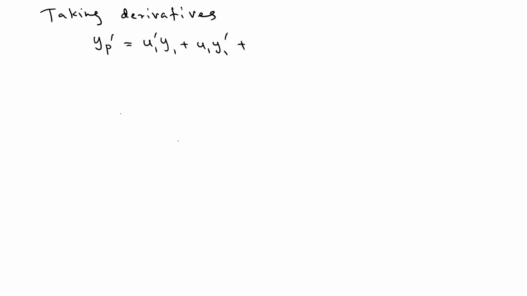So taking derivatives, we can write yp prime. Use the product rule. You can write this one as u1 prime y1 plus u1 y1 prime. Similarly, you have u2 prime y2 plus u2 y2 prime.